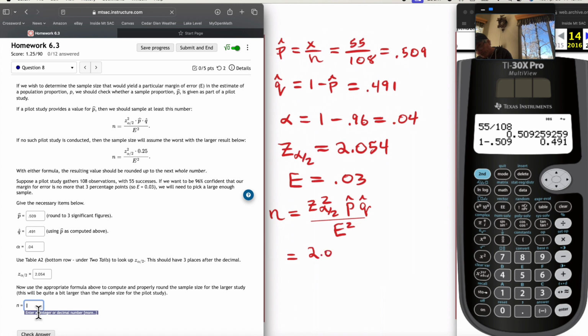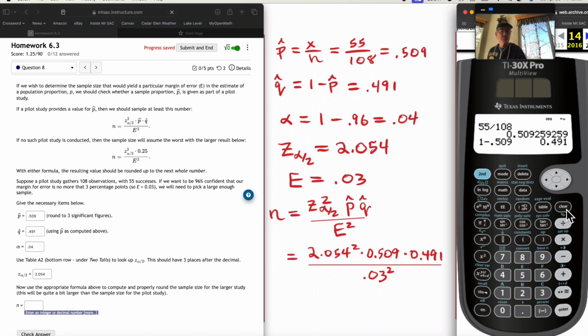So down below here, let's put all this in. 2.054 squared times p-hat 0.509 times q-hat 0.491. Then over your margin of error, 0.03 squared. The most common mistake is to forget to square that in the denominator. I probably should use the fraction tool on this.